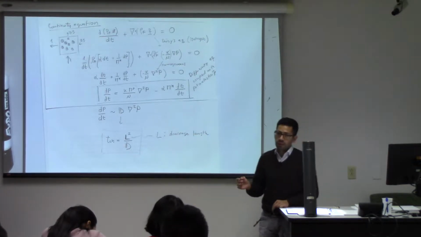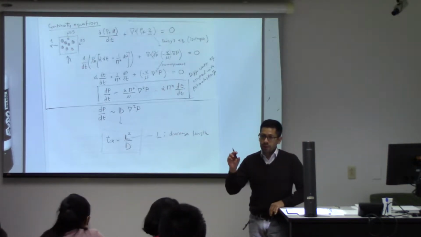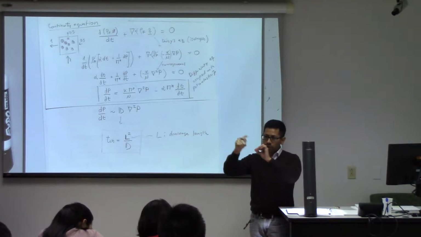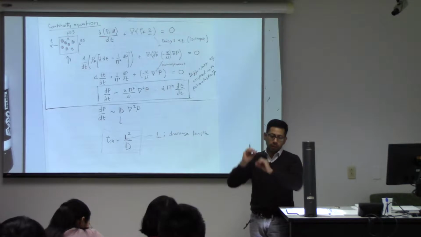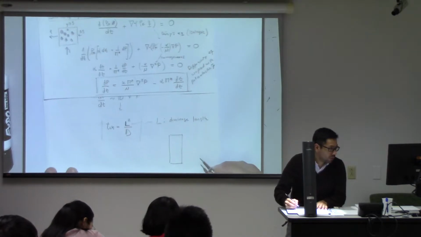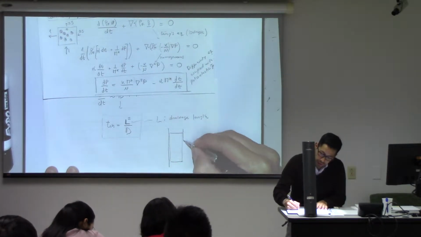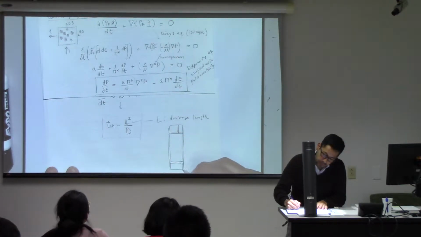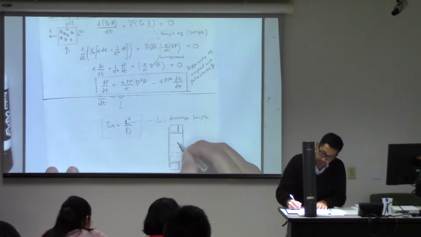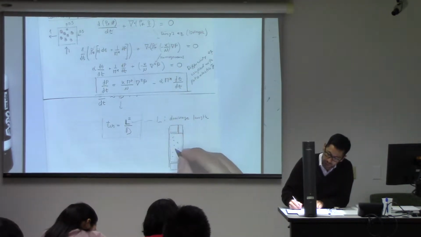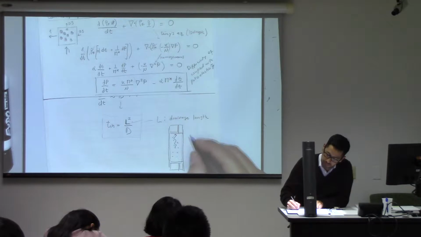So for example, if you're dealing with a rock sample 2 inches long, then the characteristic size, if you have 2 end caps on the 2 sides, will be 1 inch, half of that. Because that's the time it would take, if you have a sleeve over here and you have end caps connected to pipes and to pumps, for a molecule of water to get out of the system.